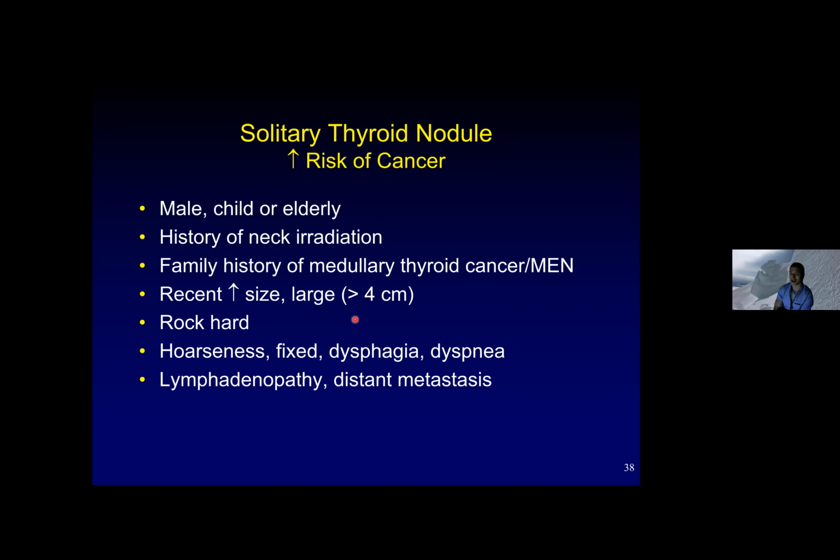If it's hard on palpation, if it's causing hoarseness, or if it's fixed to the skin or to other tissues, if it causes dysphagia, dyspnea, or if you find lymphadenopathies or masses elsewhere. Lymphadenopathies are the most common site for metastases for thyroid cancer.